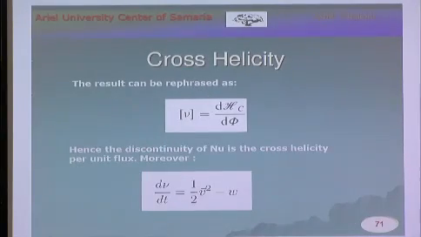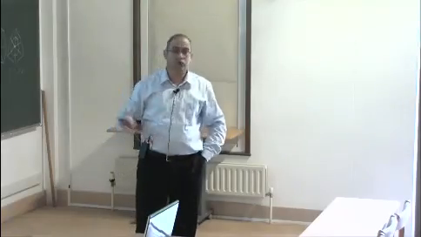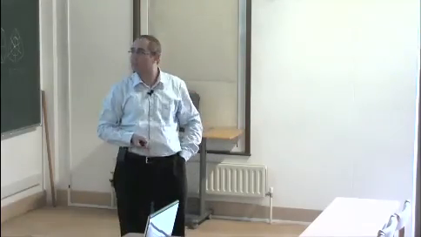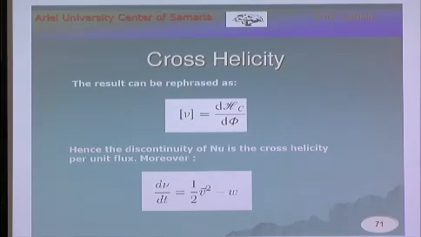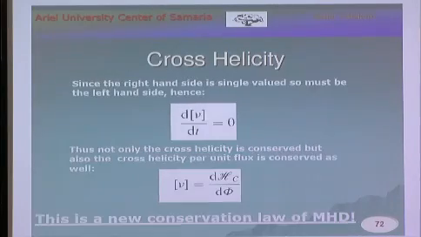But look at those sides. The right side of the equation is obviously single-valued, because V is a single-valued function. It's a physical function, and so is the enthalpy. So what does this mean? It means that the left-hand side must be single-valued as well.